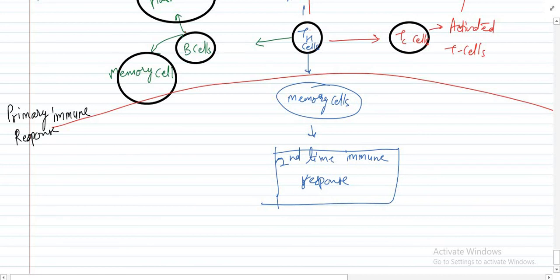But this is the secondary immune response.